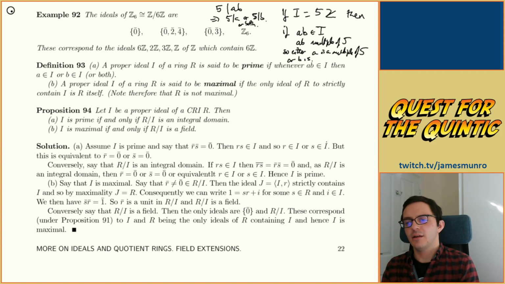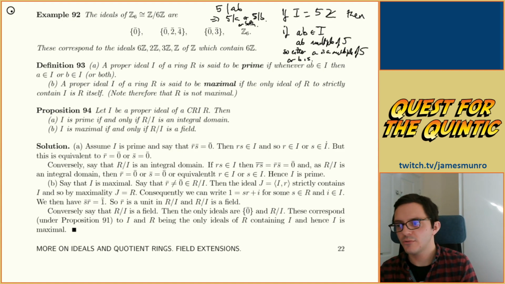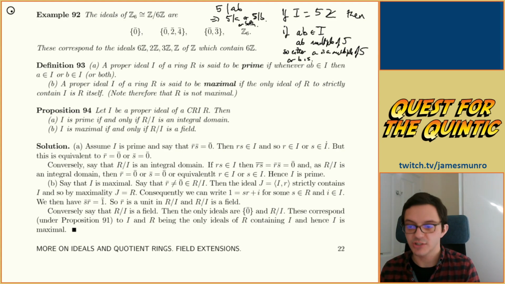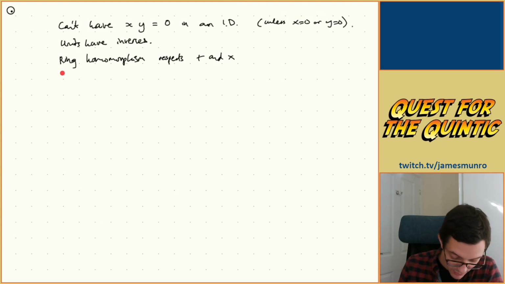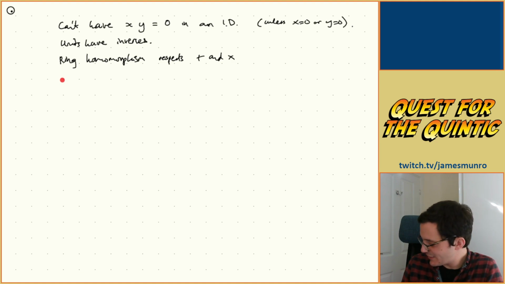Okay, so prime ideals. I think this needs to go on the notes page as a kind of summary thing. And I can see maximal as well, but let's do prime first. So what's this going to say in the log over here? Can't multiply to get into a prime ideal?